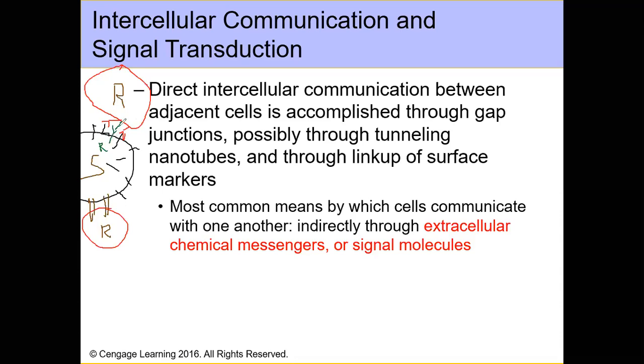So in such a case, this will be the signaling molecule, and this will be the receptor. Why? Because this is the one presenting the marker here, and this is the one receiving. So you can have these cells talk to one another, where it is sending a signal to this one, and at the same time, the receiving cell is also sending a signal to the other one.